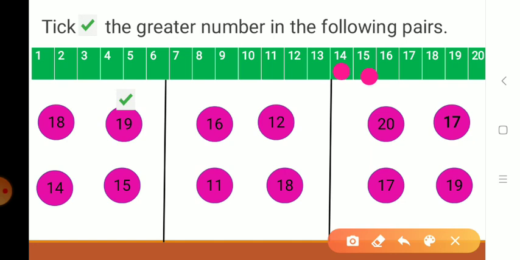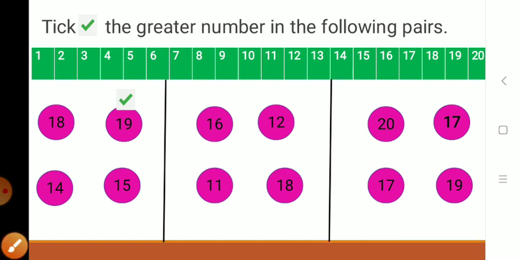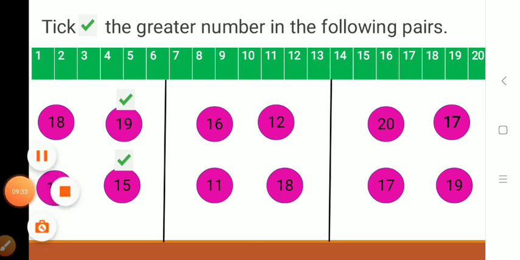After 14. So when the number comes after, you can say it is a greater number. In this pair, 15 is the greater number. So tick on 15. You have to write answers in your textbook. Now we will see the next pair.